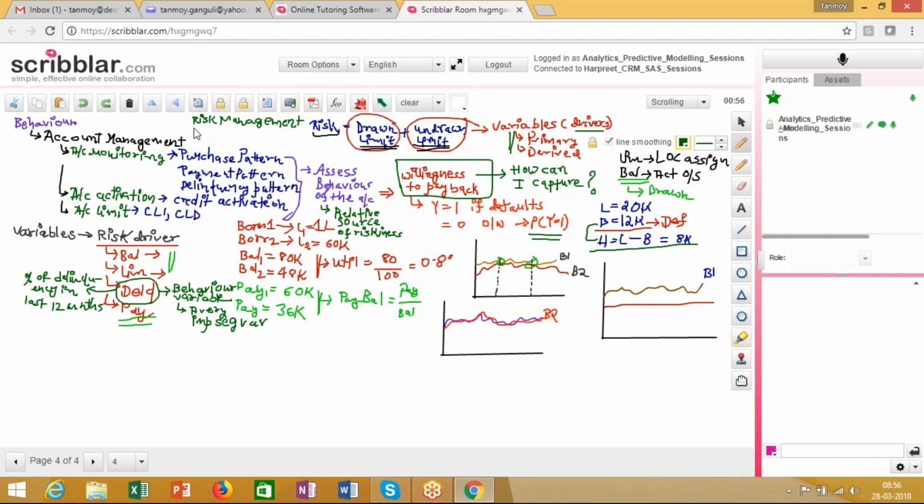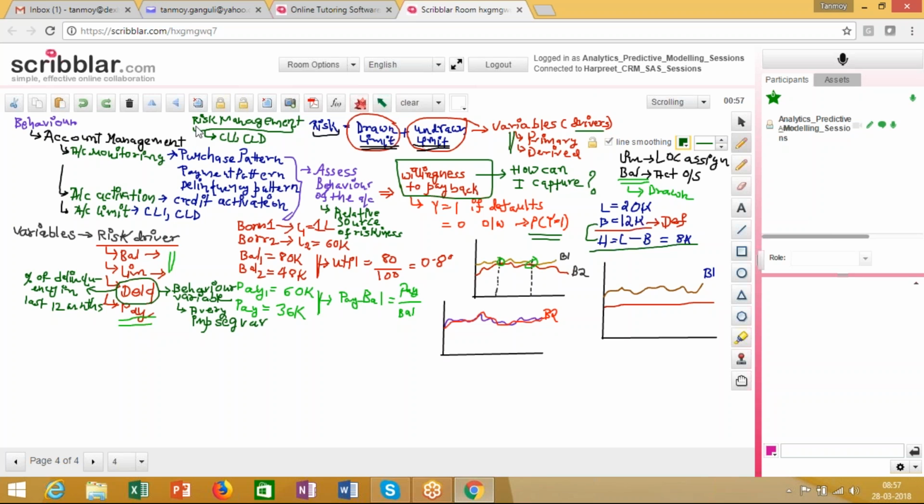So where is this behavior scorecard actually used? One major part where this scorecard is actually used is in credit limit strategies. So basically, in giving a credit limit increase or a credit limit decrease to a borrower, behavior scores are used as an input, right?